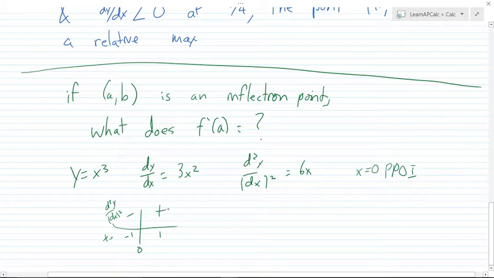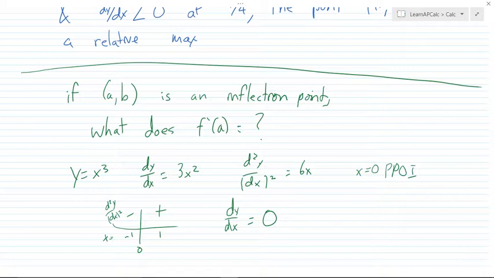Okay, so x equals 0 is an inflection point. Well, what is our slope? Plugging that in, dy/dx equals 0. So here our slope is in fact 0.